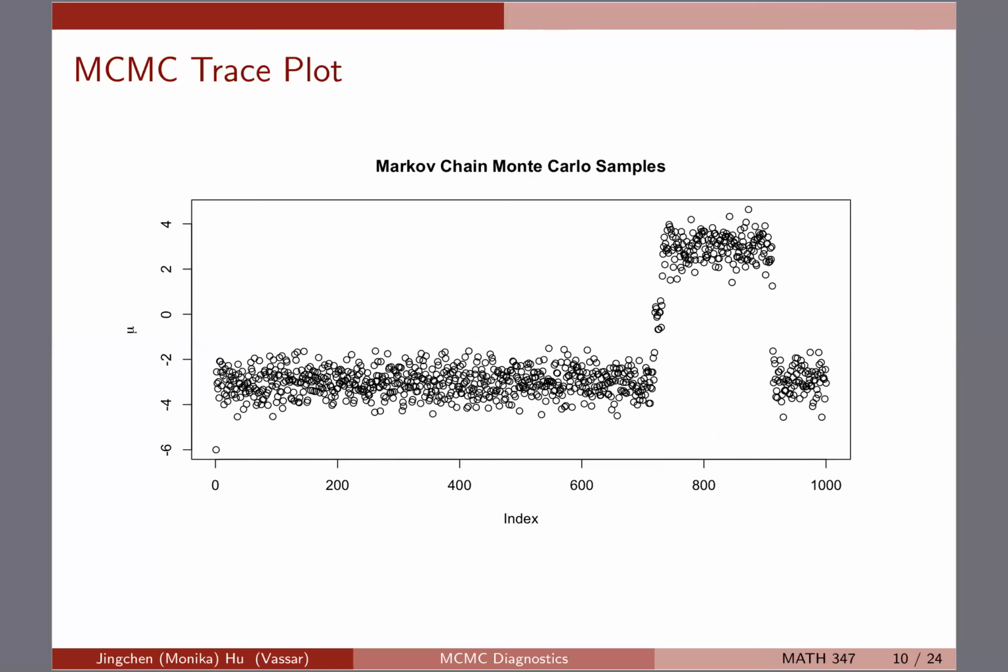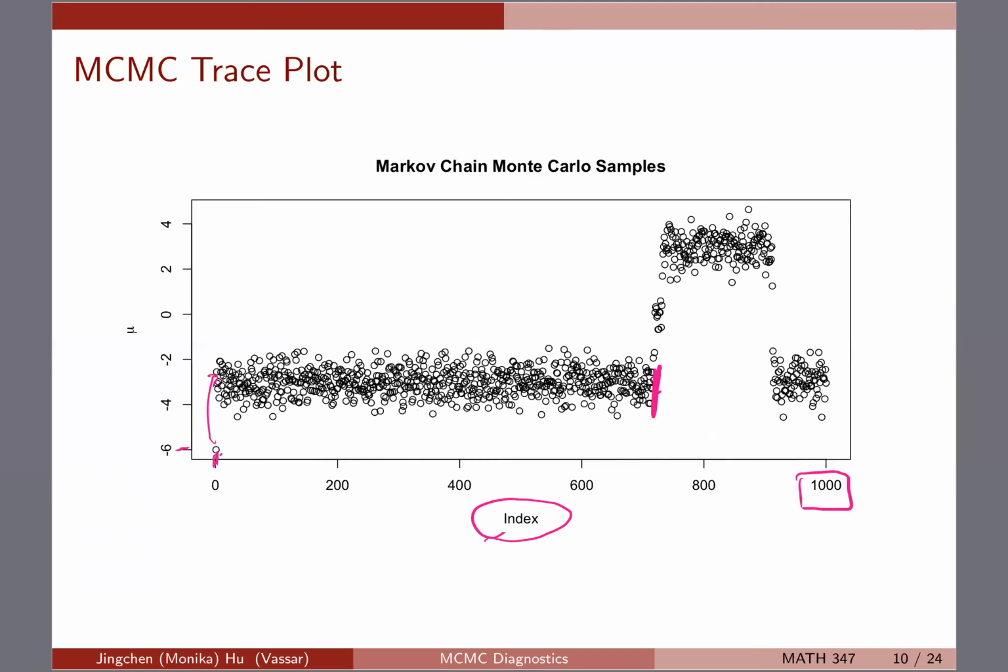It starts from -3, right? By the way, I forgot to say earlier, the x-axis is the iterations. So this is MCMC, I run it for 1,000 times, right? So this is my first point. I start with -6, and it jumps to -3 pretty quickly. But unfortunately, it stays there for so long until, I guess, 700-ish.